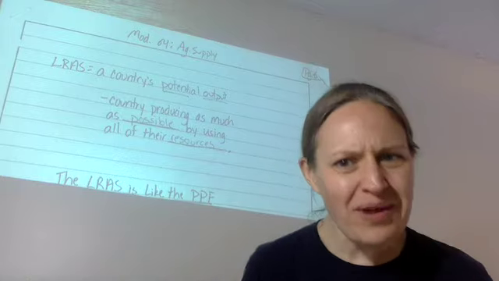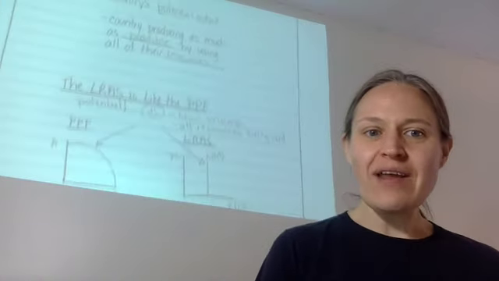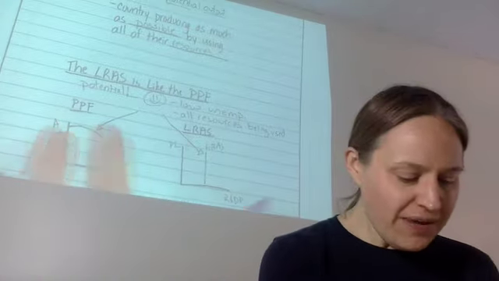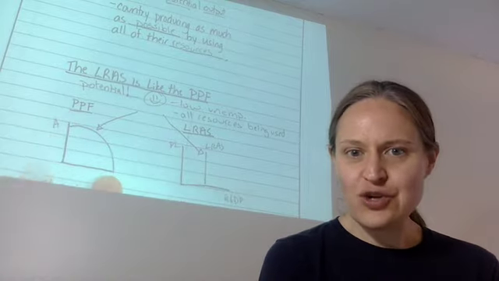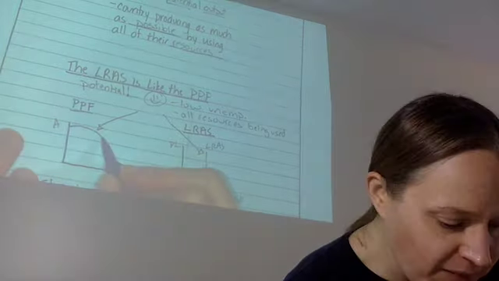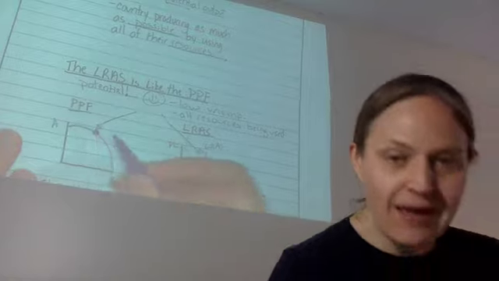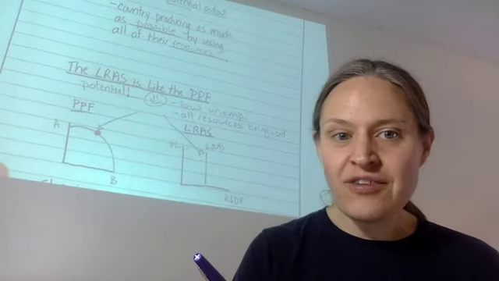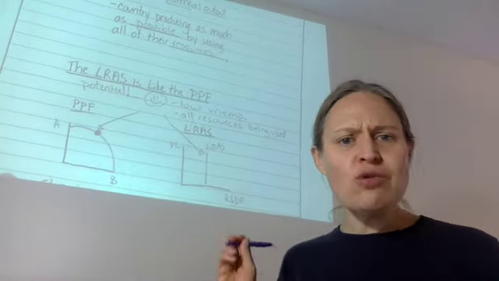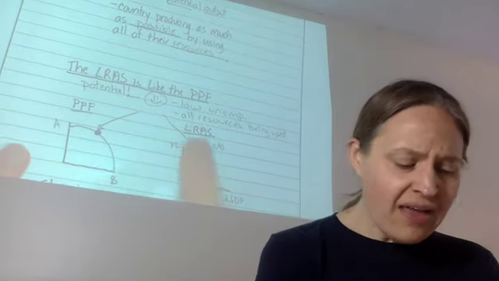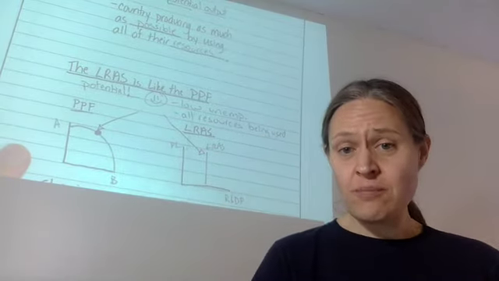Well, doesn't that sound familiar? We talked about that in Unit 1 in the PPF. The PPF showed a country's potential, right? We said that if an economy is at a point on the PPF, they are at maximum efficiency. They are at full potential. They are utilizing all of their resources. They have low unemployment. All resources are being used.